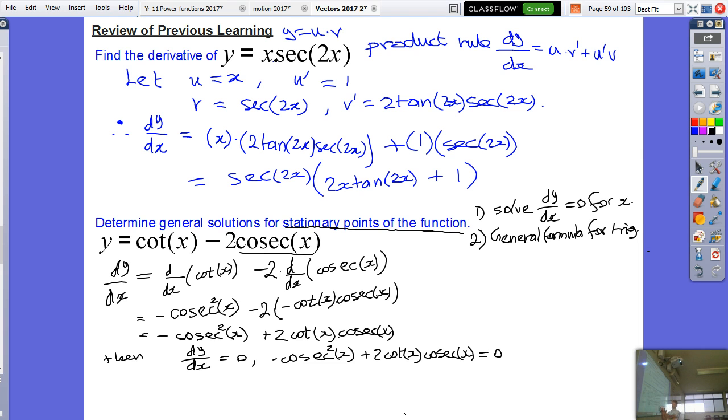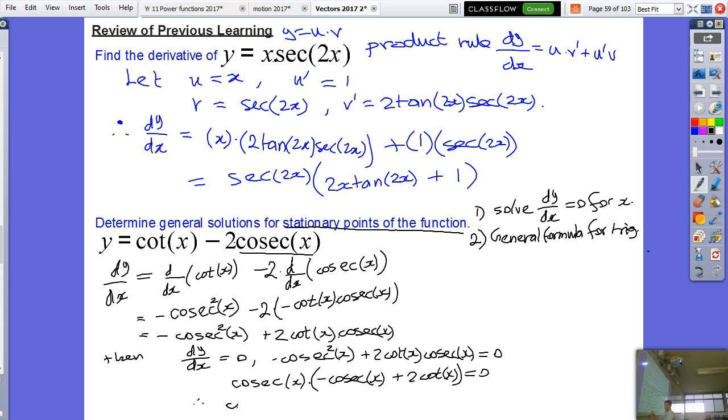You can see it's that cosec, can't you? Cosec times, take out that common factor, and now we've got a negative cosec plus 2 cot of x equal to 0.